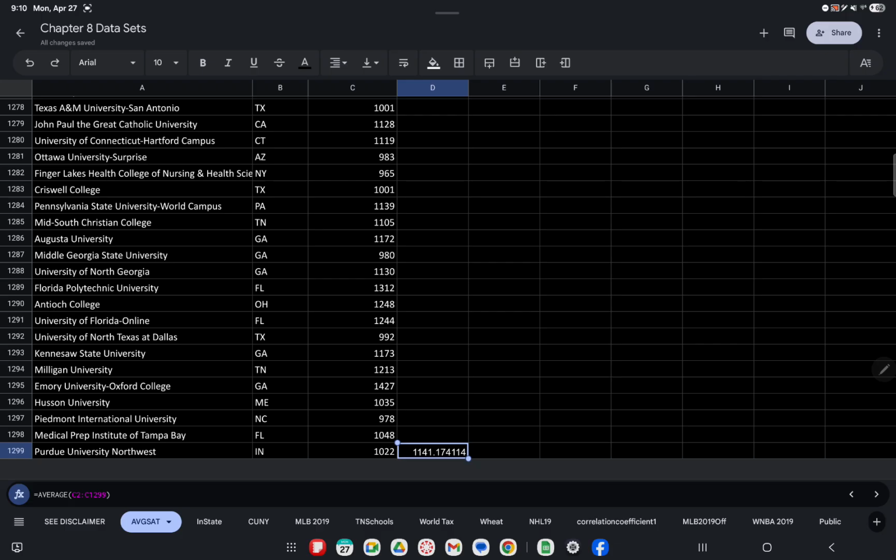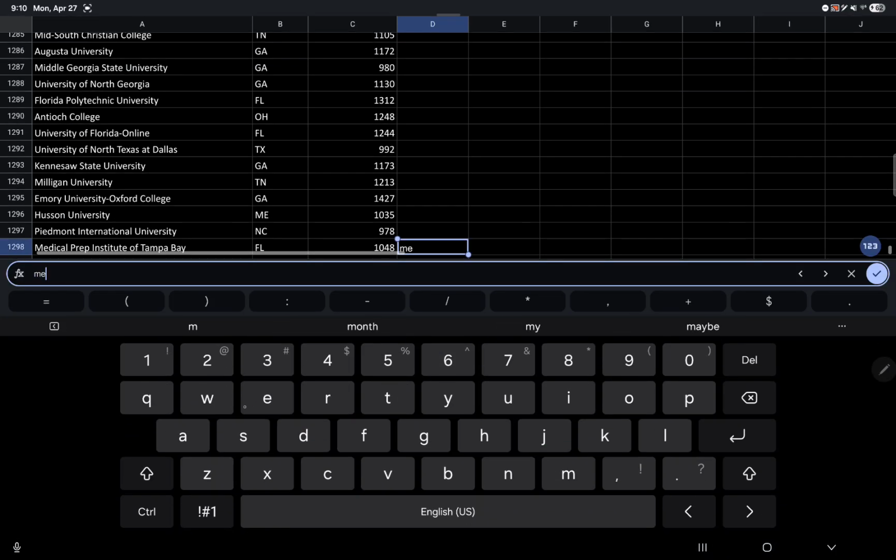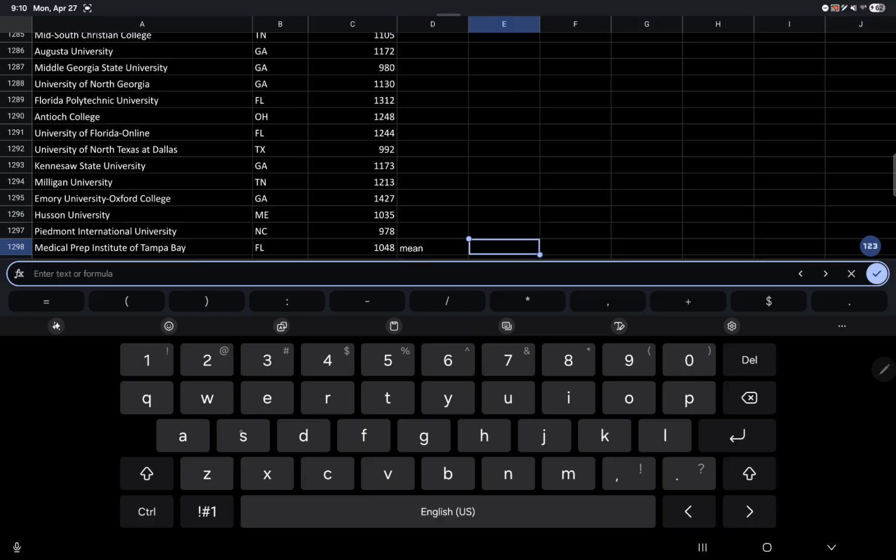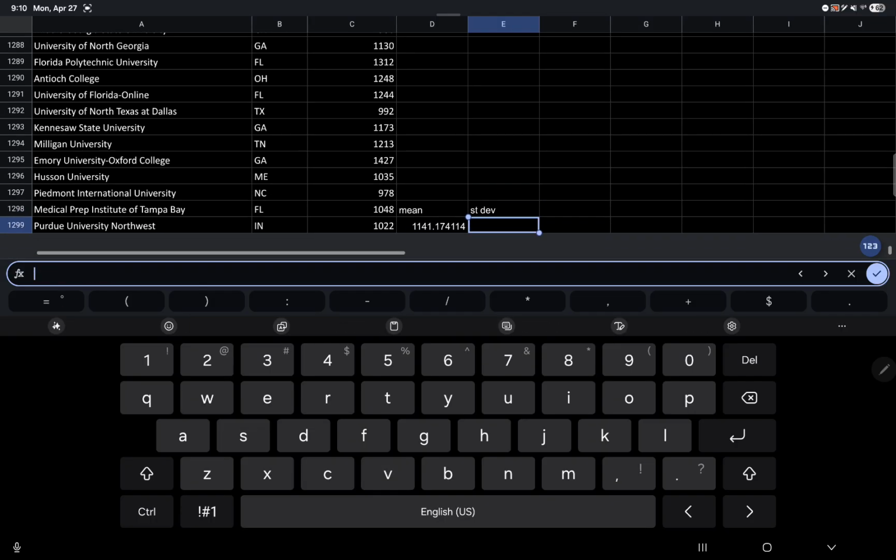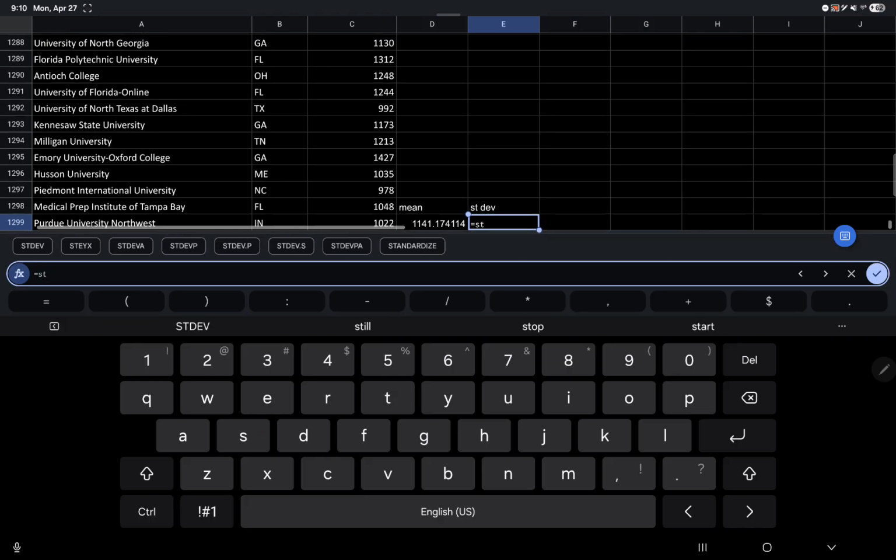So the next question says, using the standard deviation function, like what is the standard deviation? So I'm going to type here and say mean. And this next one, we'll do the standard deviation. So equals, whoops. Okay.